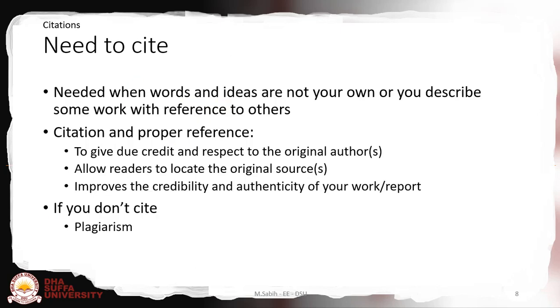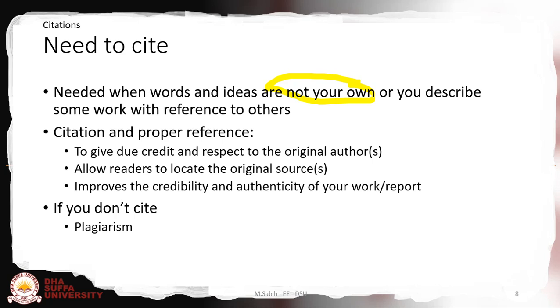Why do we need to cite? It's very important. It is needed when the words and ideas are not your own. If you read some ideas from others, when you are reproducing them, you have to properly cite and refer to that source.